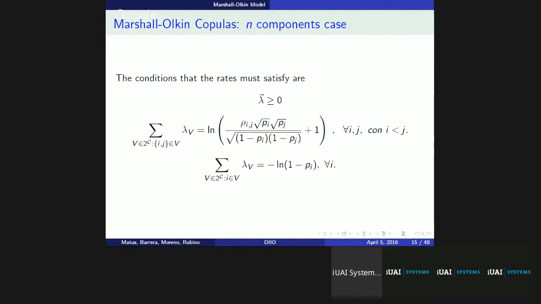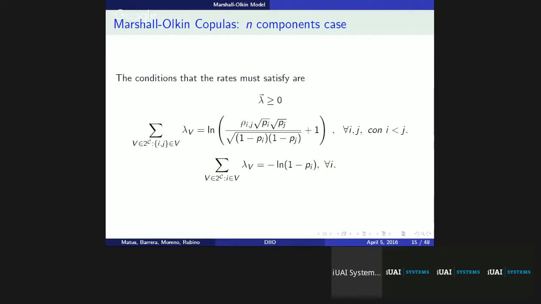This is a very important moment. I have one equation for each correlation in pairs and one equation for each marginal probability. I have on the order of n² equations, but I define one shock, one lambda, for each subset.